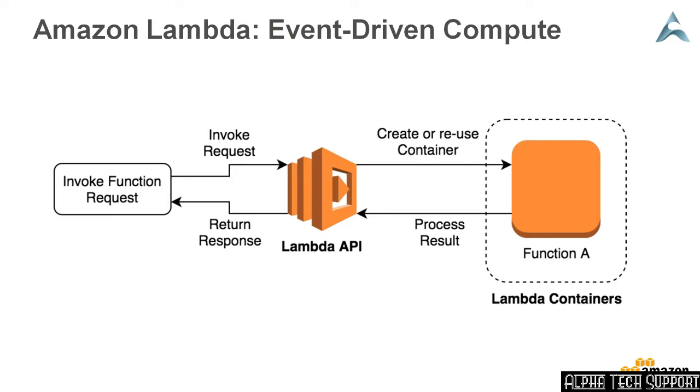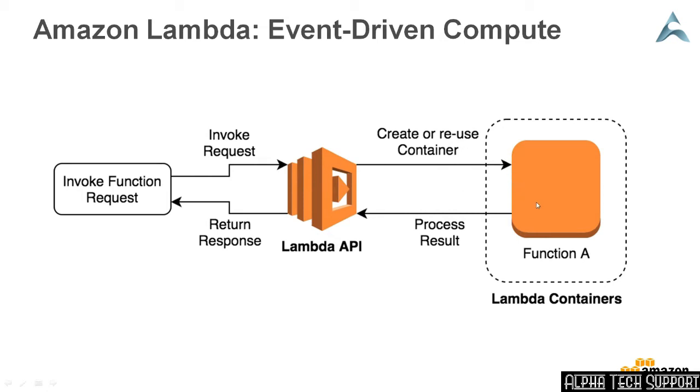When an invoke function request is made, as you can see on the left-hand side of the screen, it generates a request to the Lambda API that creates a reuse container and passes it to function A that resides in the Lambda container, the function that you define based on the Lambda API.